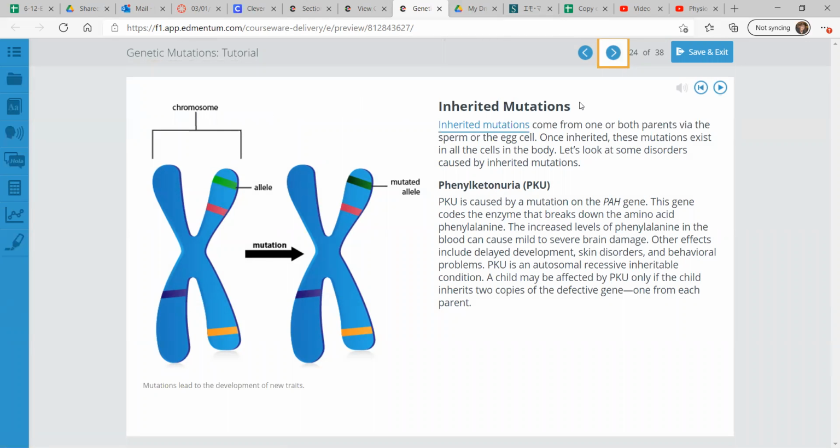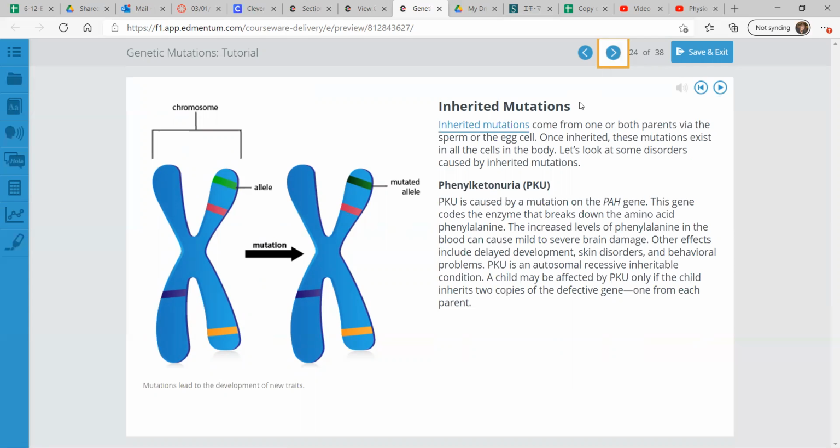Inherited mutations come from one or both parents via the sperm or the egg cell. Once inherited, these mutations exist in all the cells in the body. Let's look at some disorders caused by inherited mutations. We have phenylketonuria, or PKU, and that is caused by a mutation on the PAH gene.